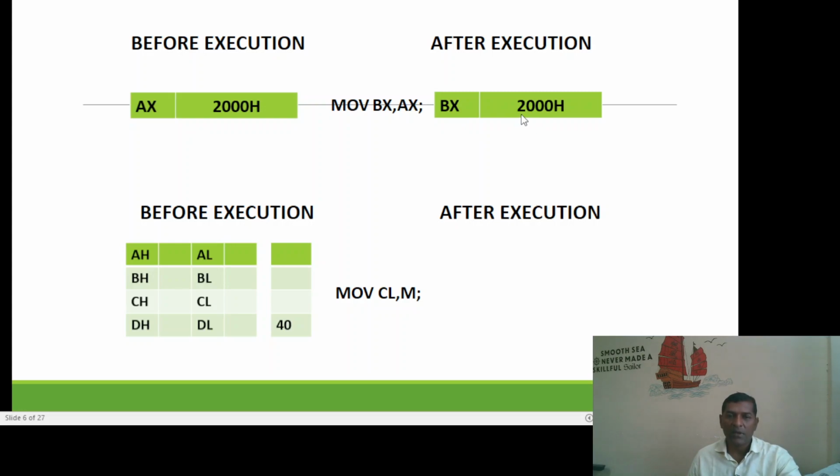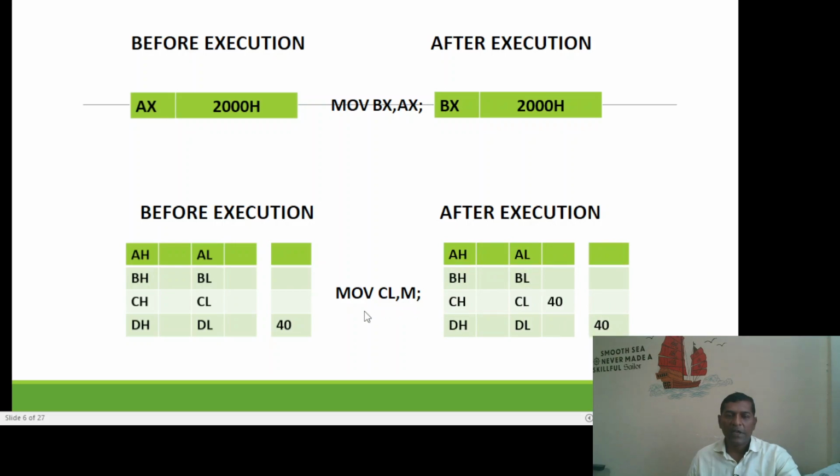So BX, after execution, holds 2000H. Then for the second instruction, the contents of memory M, 40, will be copied into register CL, that is, CL after execution will hold 40 from the memory location.